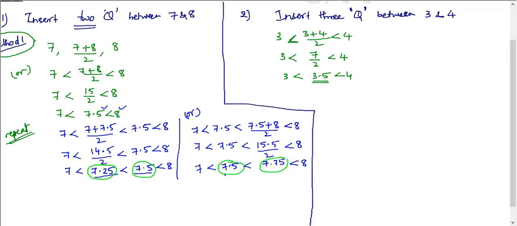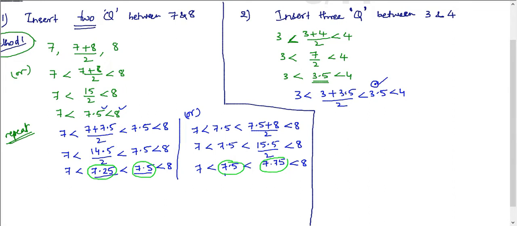Okay, apart from this we have another one. We want to find another one, so we will find that. So let us write 3 less than 3 plus 3.5 by 2 less than 3.5. Don't write 4 please. Again I am telling you, this is the point where you have to be very careful.